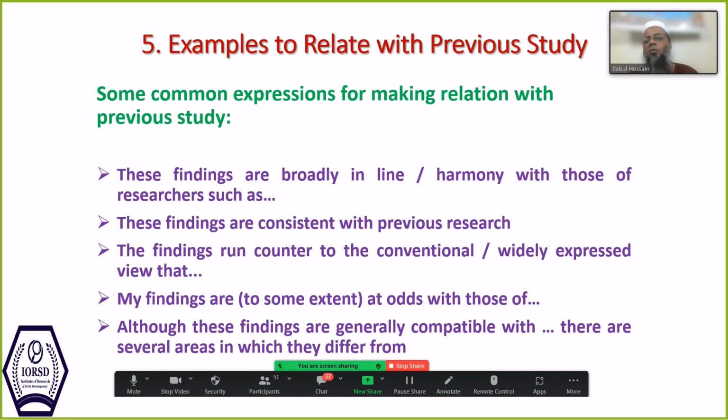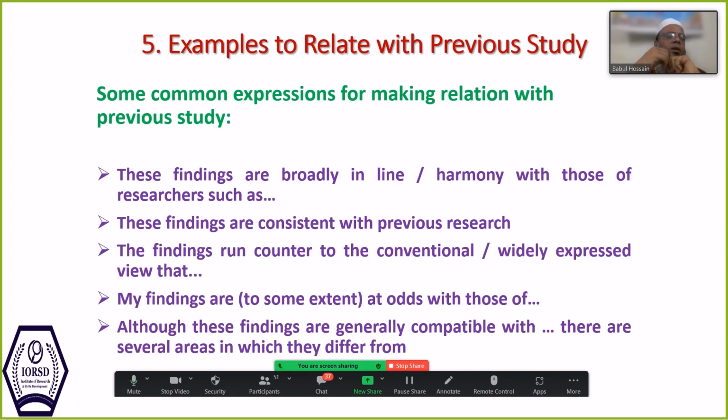So how will you relate some common expressions of making relation with previous study in the discussion? Actually, how will we discuss our findings? You have to discuss the findings with three aspects.